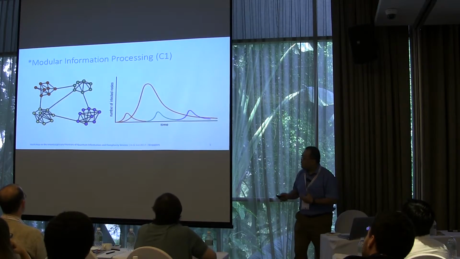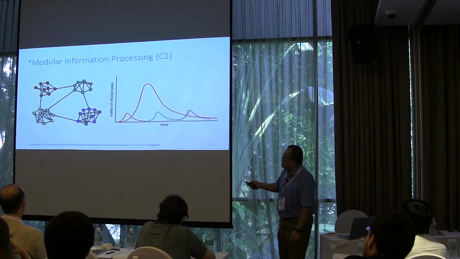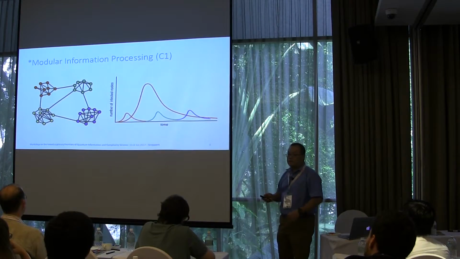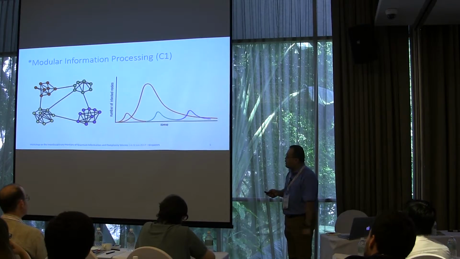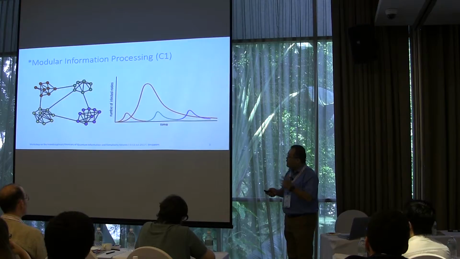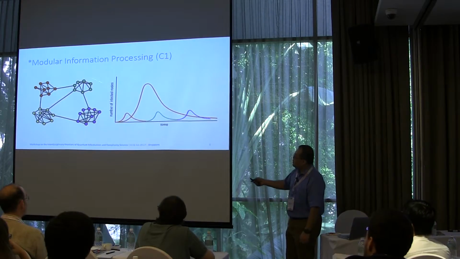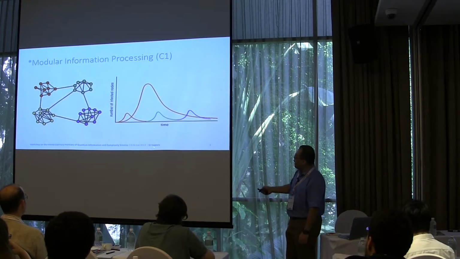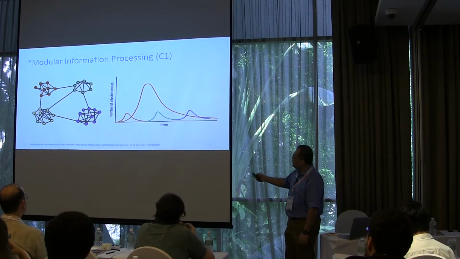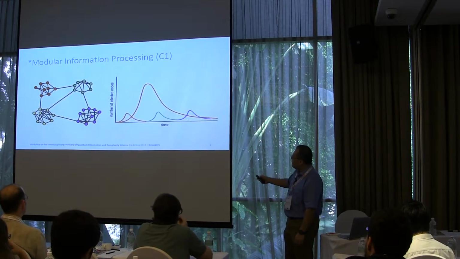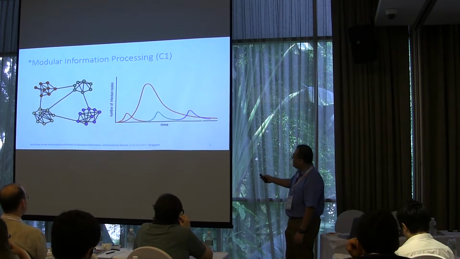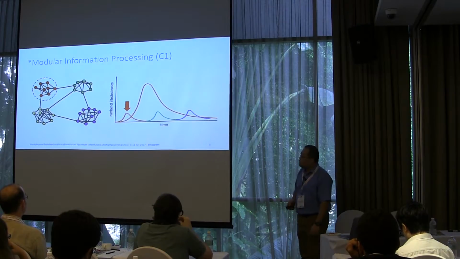So I will start talking about how the kind of dynamics that you see on modular networks is like information processing. This is the same modular network again. I've shown the infection curves for, let's say, a random network, and these are the cascades across the modular network.